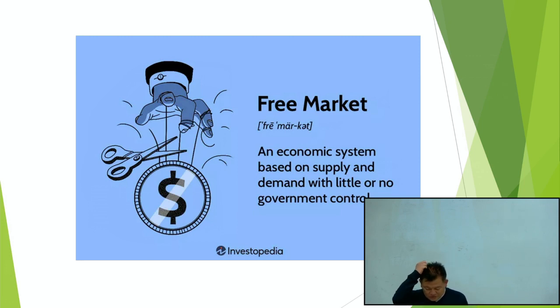One of the central principles of the free market is the concept of voluntary exchange. Voluntary exchange: no restriction, no push, no regulation. If I want to buy, I go there. If I want to sell, I go there. This is the free market. Invisible or not, it doesn't matter.